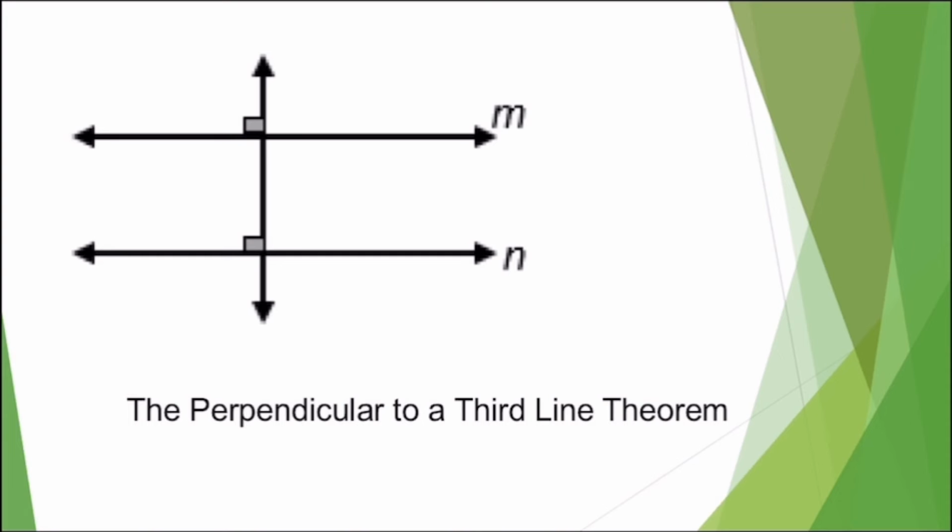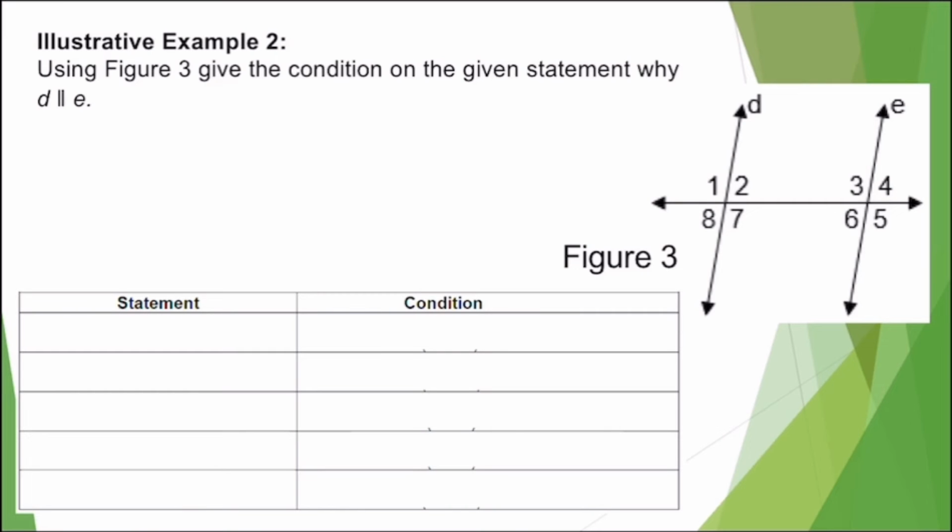Now, let's proceed to our illustrative example number 2. Using figure 3, let's give the condition on the given statement why D is parallel to E. So from here, we need our 2-column proof. So again, from this 2-column proof, we have our statement and condition.